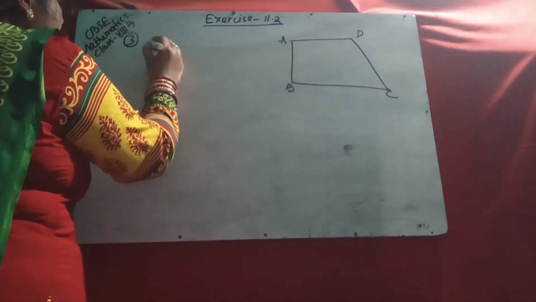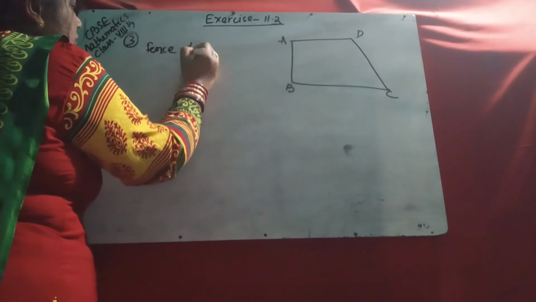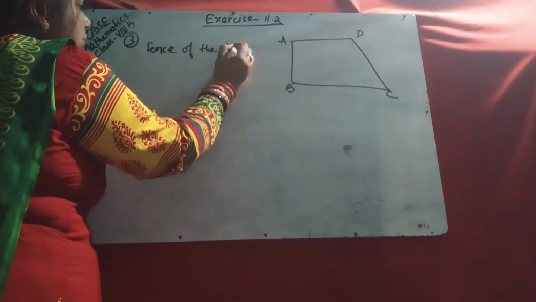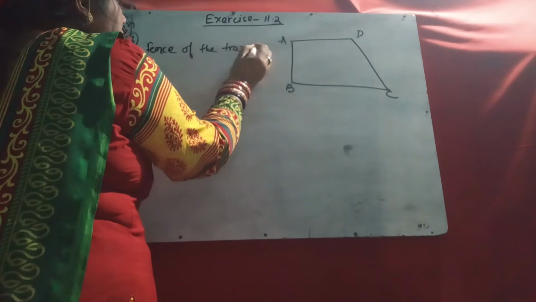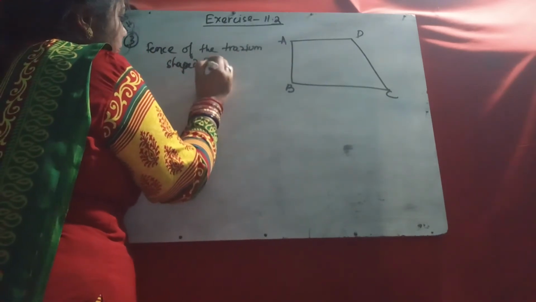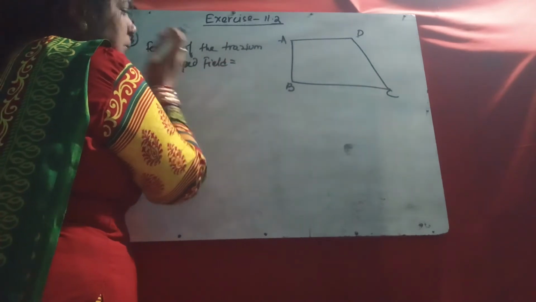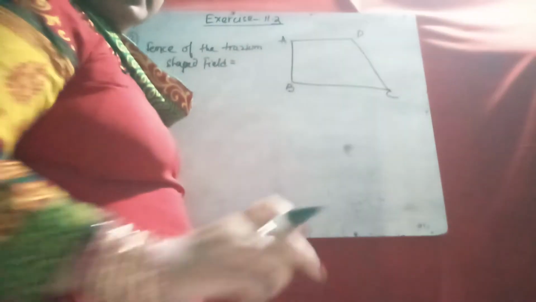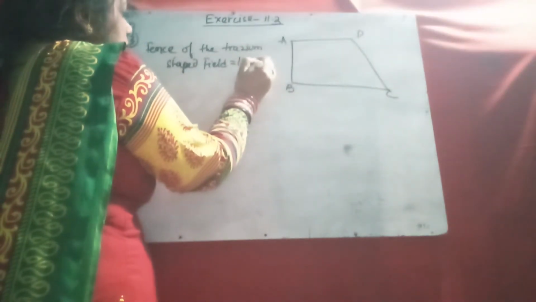So the fence of the trapezium shaped field is given as 120 meter, and given BC equal to 48 meter.